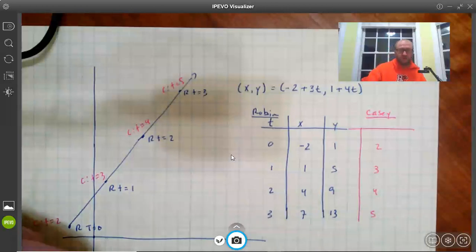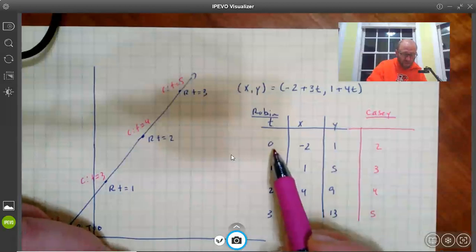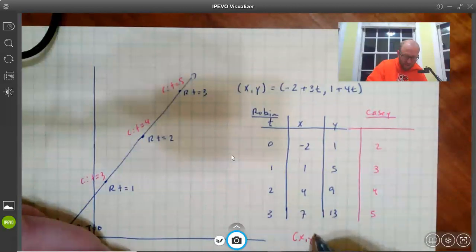So we're just going to have to write an adjusted equation. And notice all we have to do is take Robin's time and add 2. So Casey's equation will be, starts at the same location, plus 3, and instead of just t, it's t plus 2.